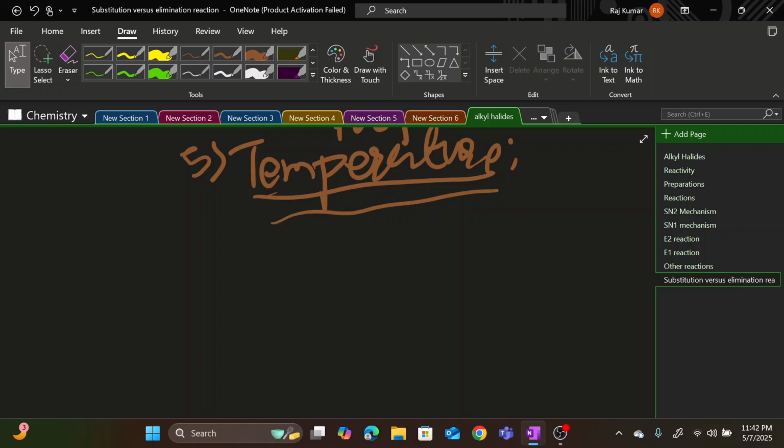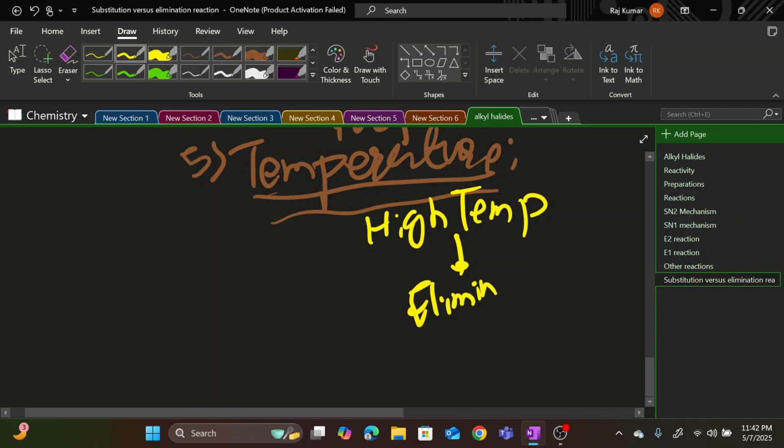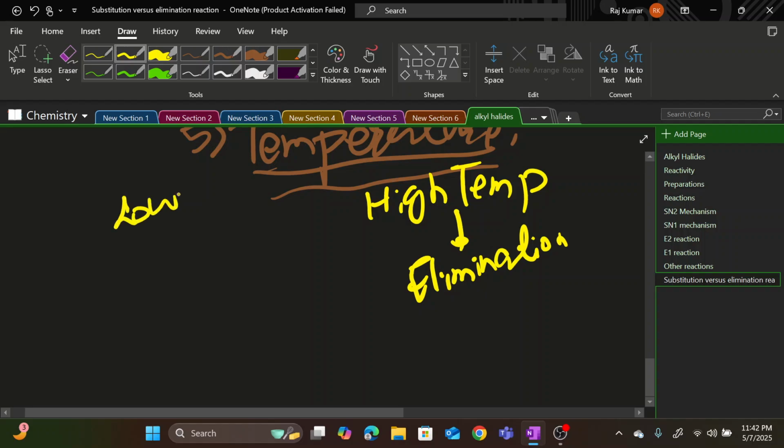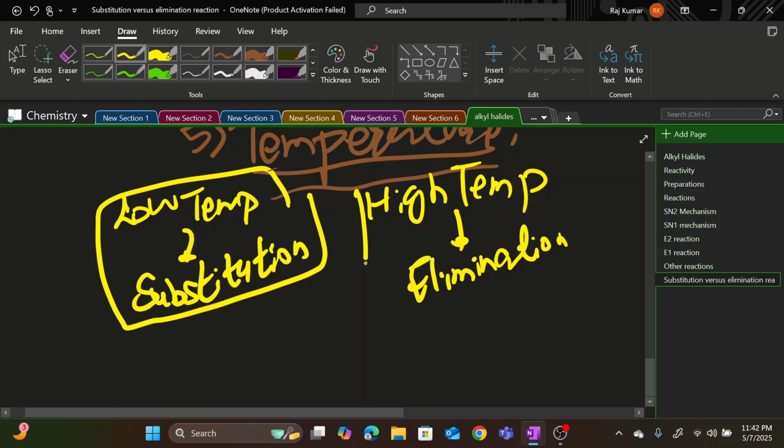But if you have low temperature, it's going to make that much more difficult, and rather it's going to favor substitution reaction. So high temperature, elimination reaction; low temperature, substitution reaction. These are certain factors needed to be considered.